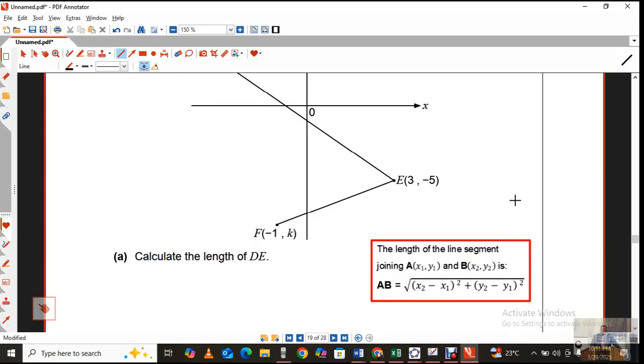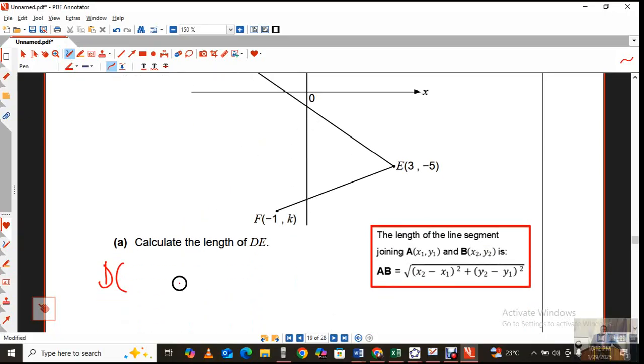The length of a line segment, if you have 2 points, so let's write the points we have. Our point D is negative 3, 3. So I'll put my point here: negative 3, 3. And our point E is the point 3, negative 5.